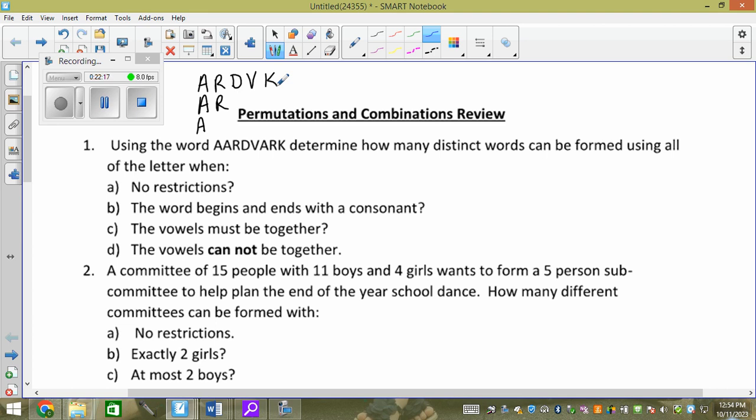So every single one of the questions I'm asking, A, B, C, D, will all have a denominator. What will the denominator be? 3 factorial and 2 factorial. So, no restrictions. 1, 2, 3, 4, 5, 6, 7, 8. It's just 8 factorial divided by 3 factorial, 2 factorial.